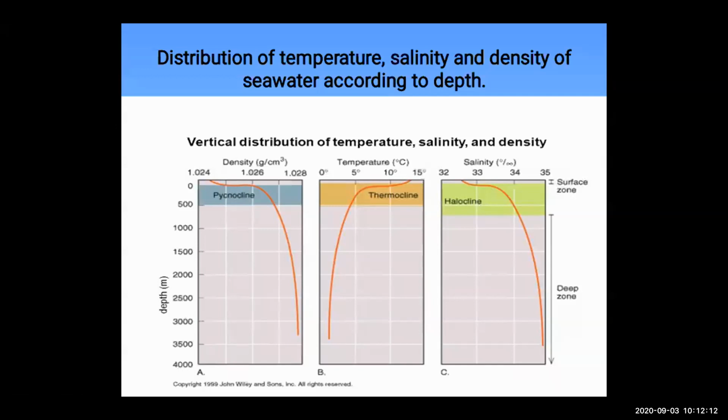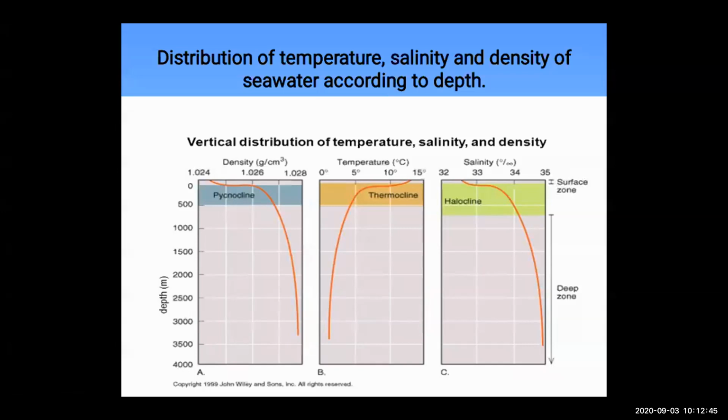For example, 500, 1000, 1500, 2000, 2500, 3000. These numbers are in meters, the depth of the sea. Now, the first diagram you can see is about density, the second is temperature, and the third is salinity.